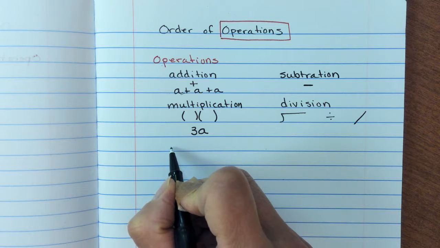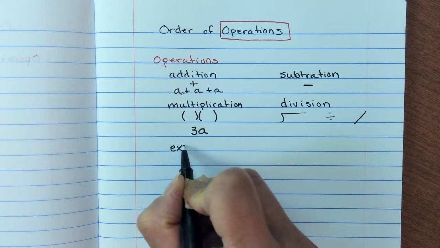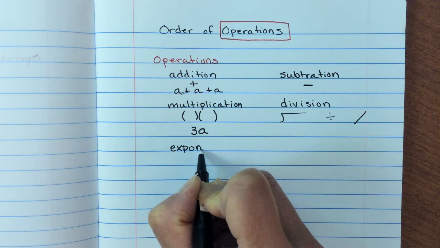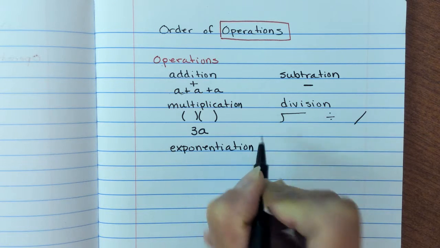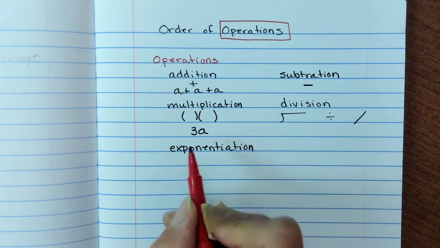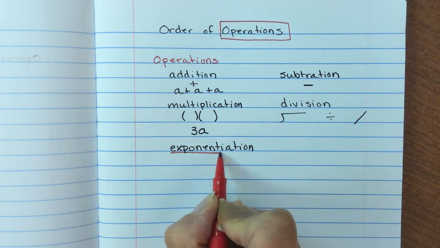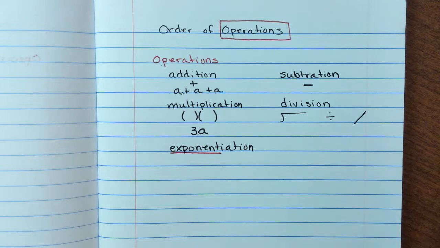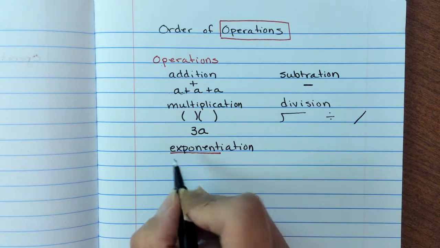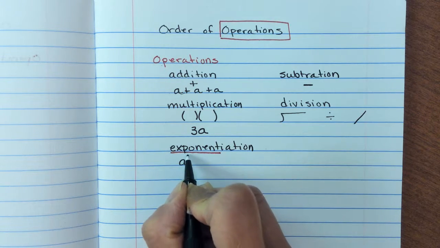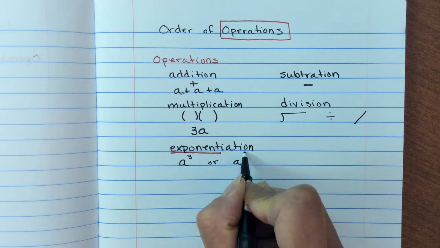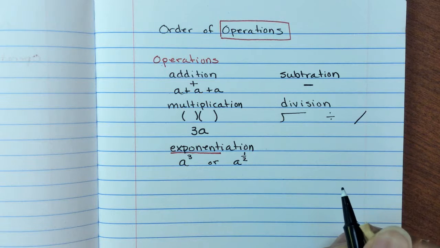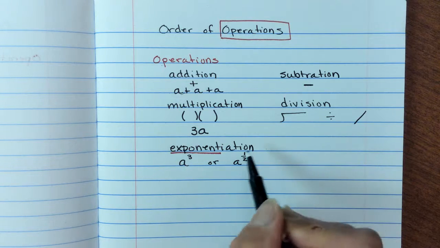Then the next one, I'm going to give you a big word, exponentiation. But the only thing that we need to realize with that is just exponents. Okay, so the word exponent is an exponentiation. And that's something like a to the third or even a to the 1/2 power. Now a lot of people are a little confused.